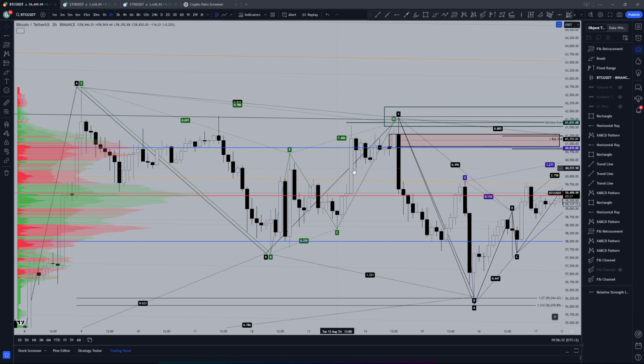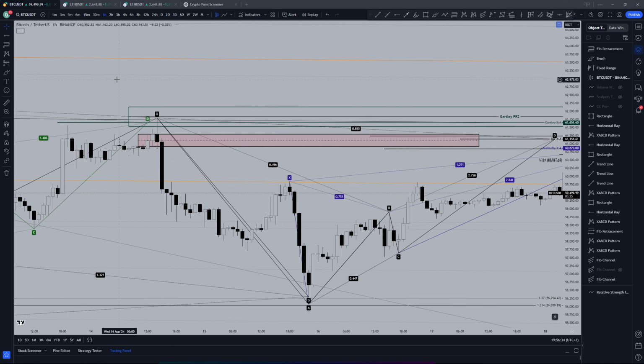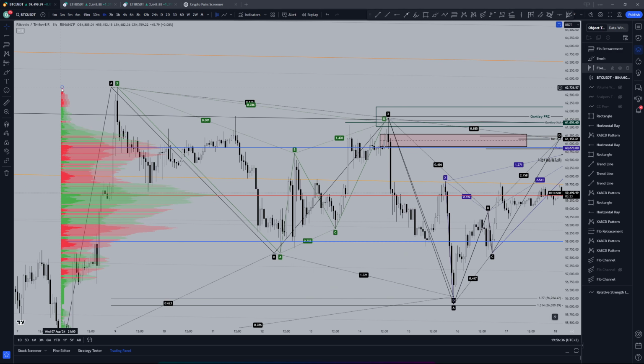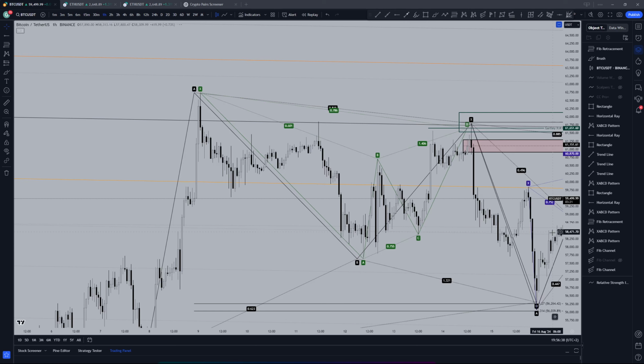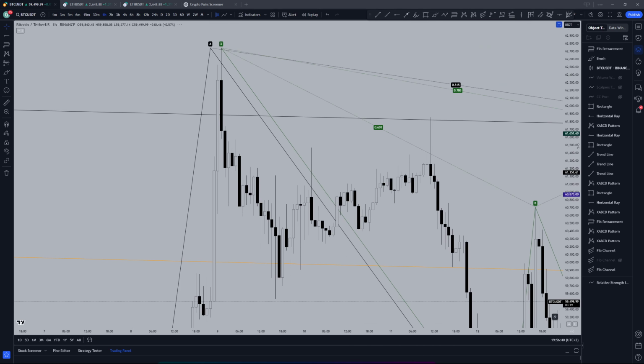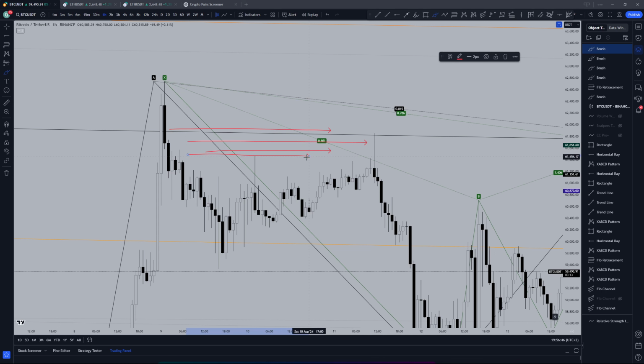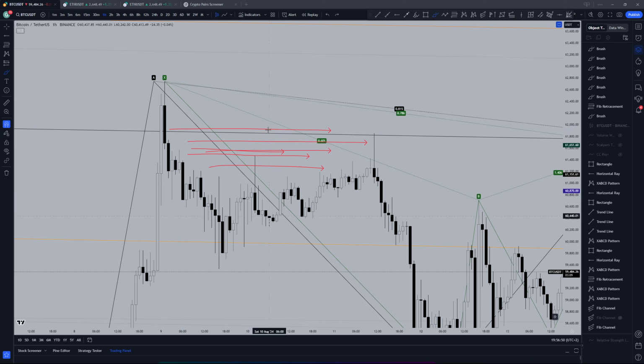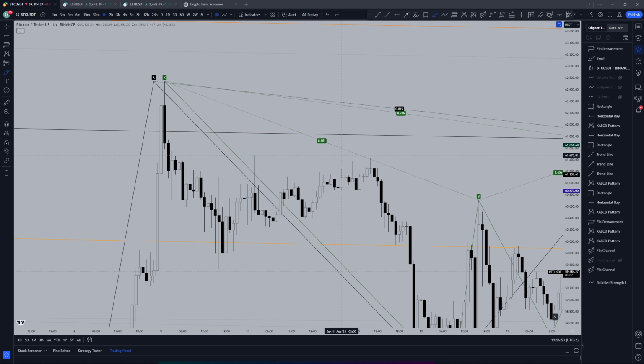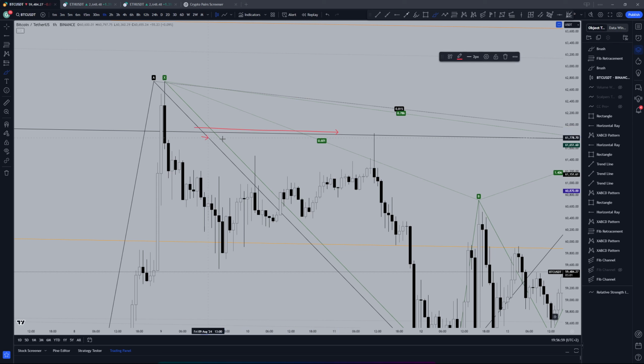I'm just going to remove this volume profile real quick for clarity. We know, for example, that in this area we had this event where on the Binance chart there were tons and tons of sell orders stacked over here. And what happened when price actually came close to that? Well, let's take it a bit slower. We had tons of sell orders over here.